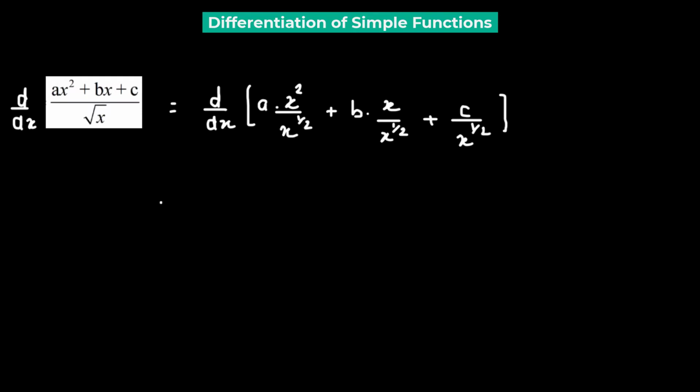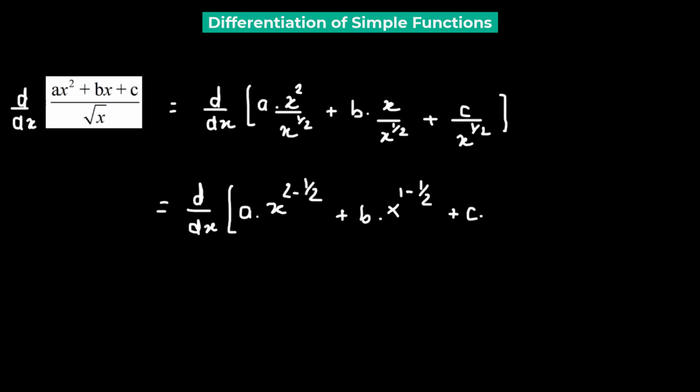So simplifying this is going to give us d over dx of a times x raised to the power of 2 minus half, plus b times x raised to the power 1 minus half, plus c times x raised to the power of -half, which will be equal to, so now we're going to apply the derivative to each of the terms separately.